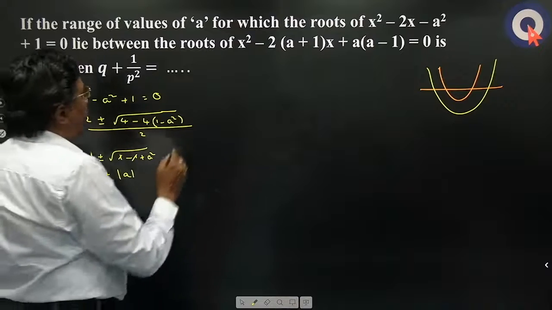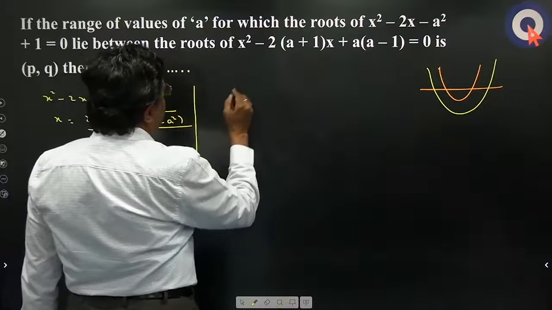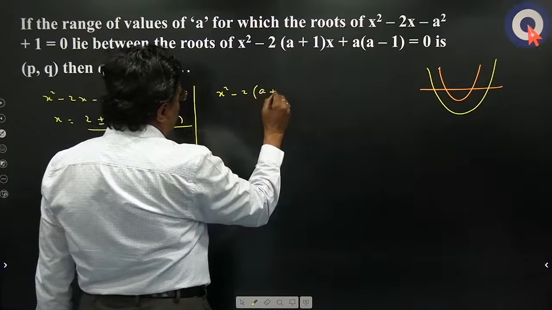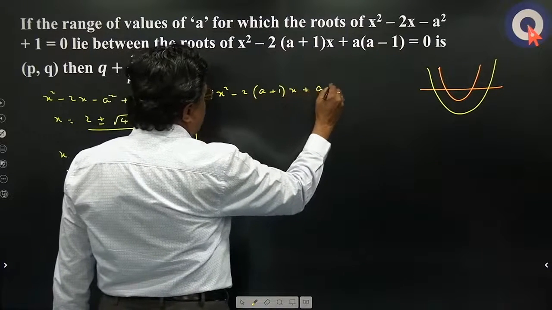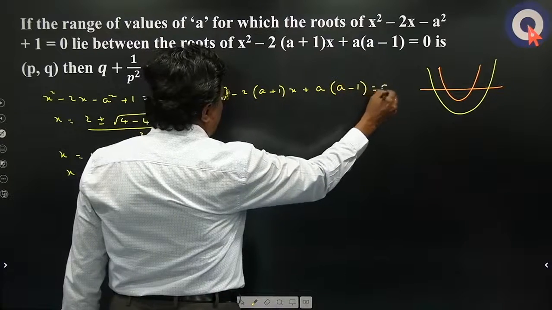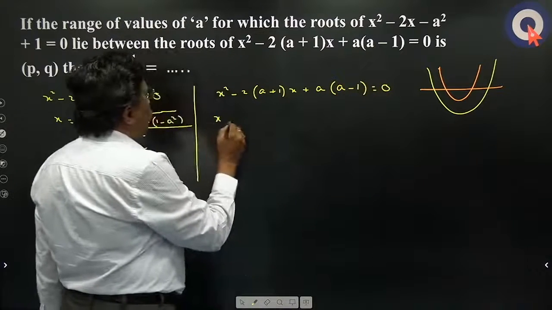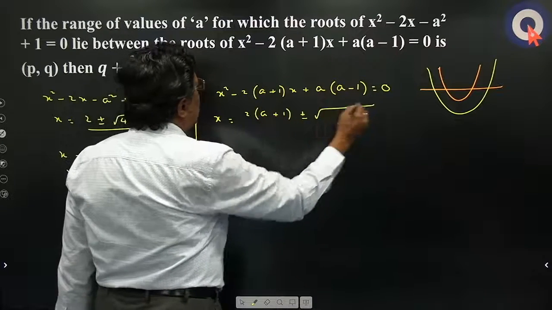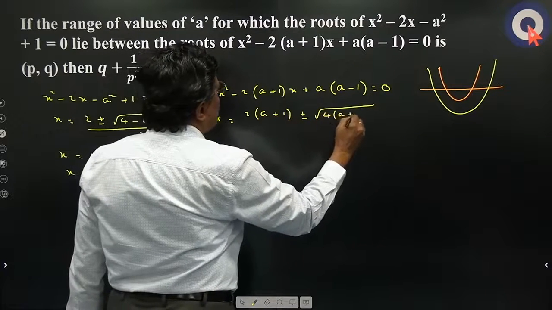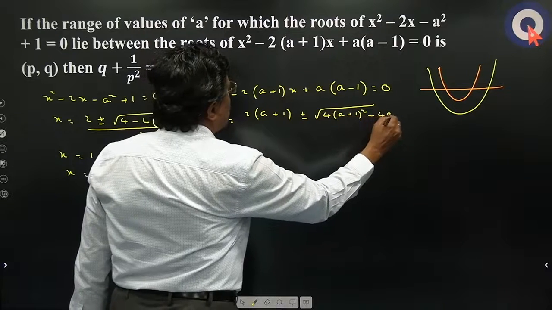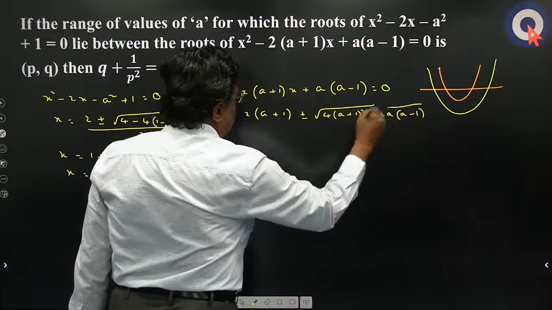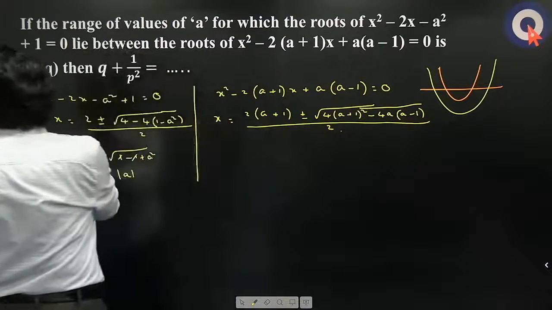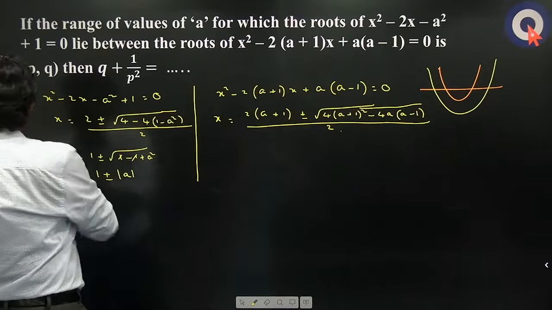Now with regard to the second equation, what we get is x square minus 2 into a plus 1 into x plus a into a minus 1 is equal to 0. Here x is equal to, so we can now do a little simplification here.